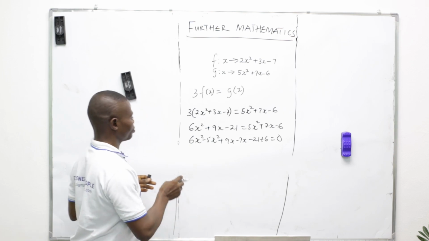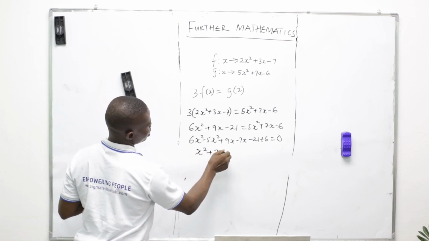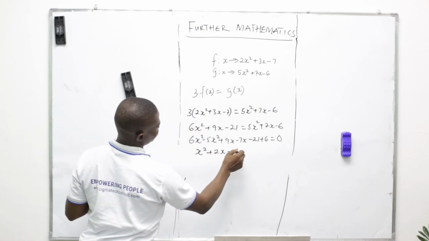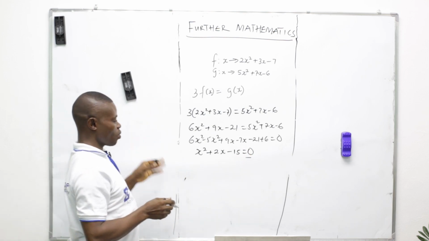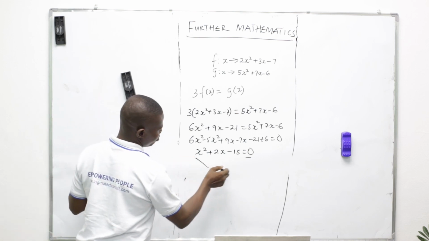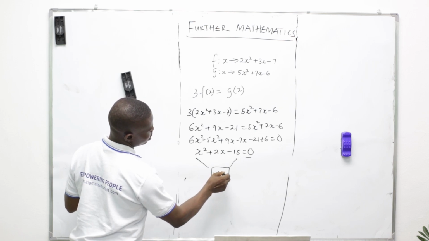Okay? If you watch, this is turning into a quadratic equation. So here now, x² + 2x − 15 = 0. This is a pure quadratic equation. Now let's use the linking method. We have −15x².